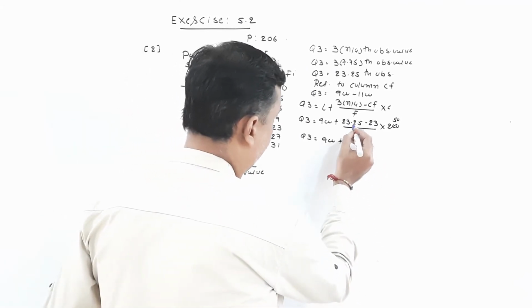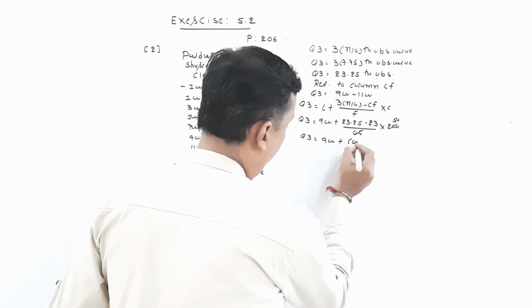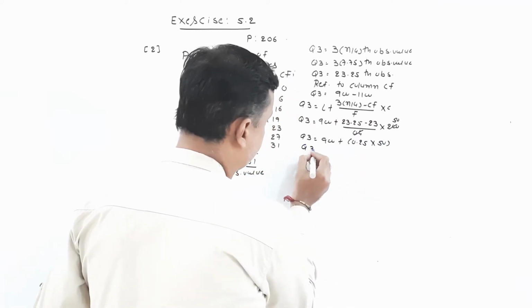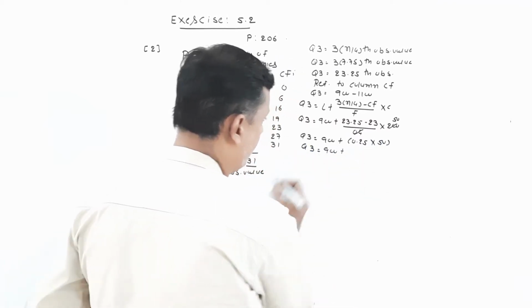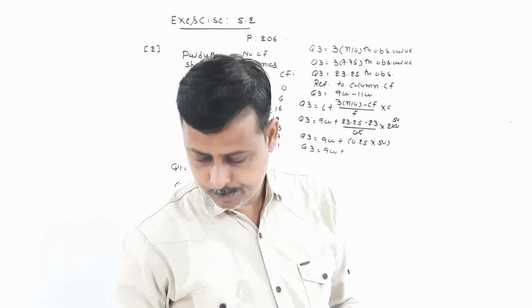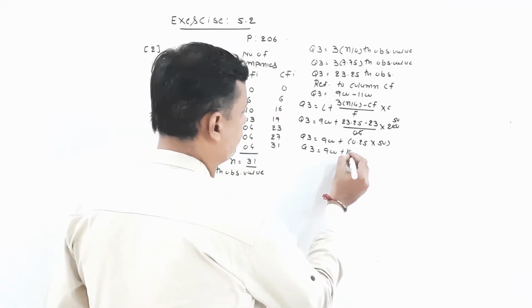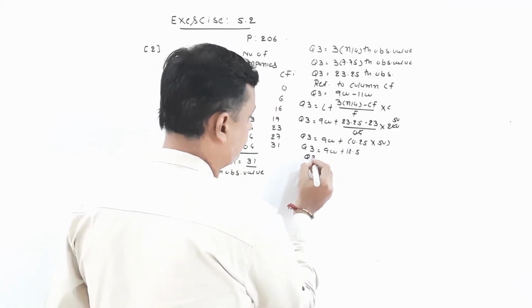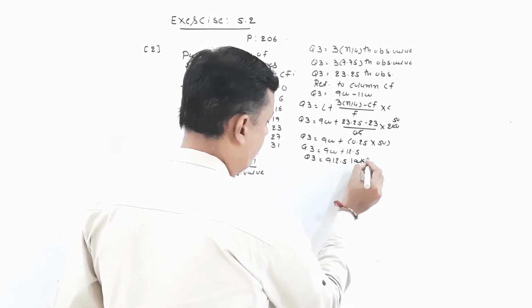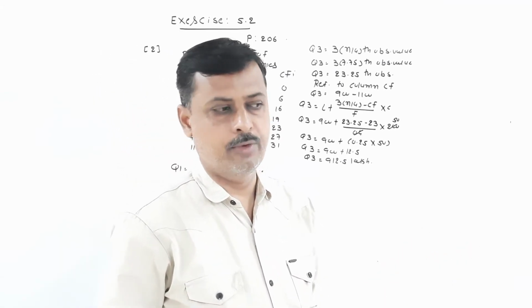So 23.25 minus 23 is 0.25 into 50, that is 12.5. So 912.5 lakh is the Q3 value.